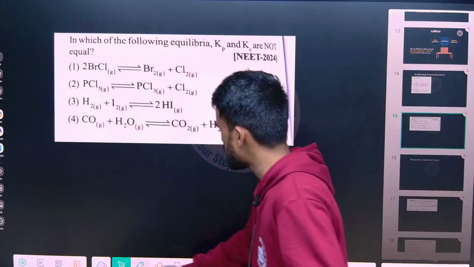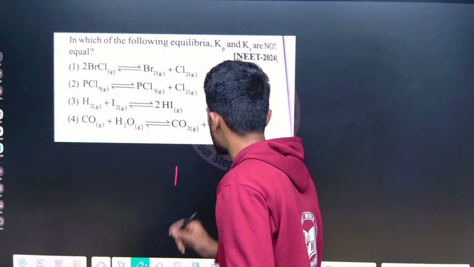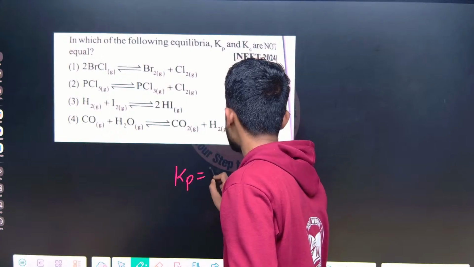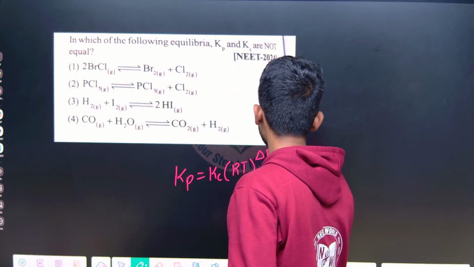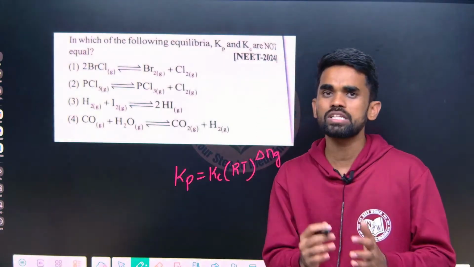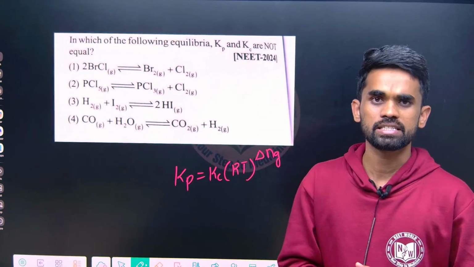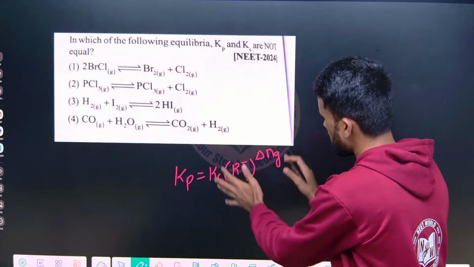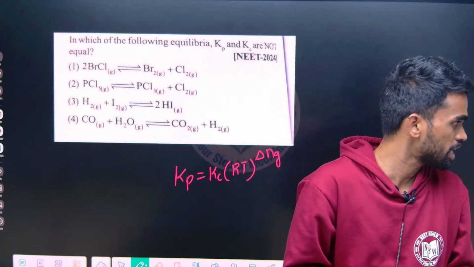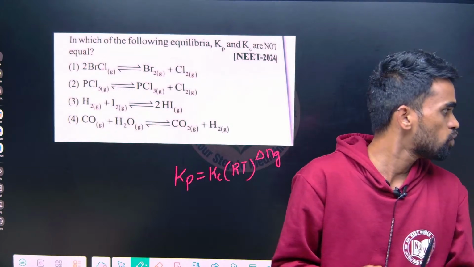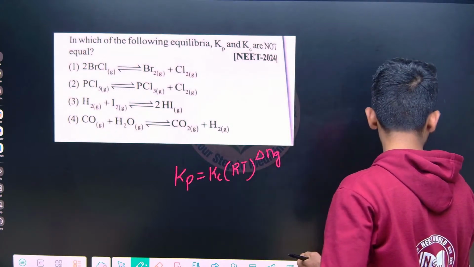So what is the Kp Kc relation? Kp equals Kc into RT power delta Ng, where delta Ng is the number of gaseous products minus the number of gaseous reactants. By using this formula we can find answers for these kinds of questions. Let us move forward with the new things.